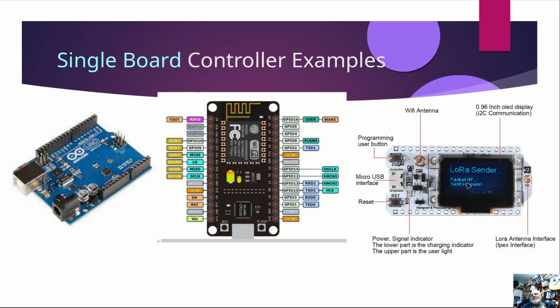They also have an advanced model of that. This one here is what they call the ESP32. So it's got a much more powerful processor. And this particular one actually has a built-in LED screen and also a long-range LoRa wireless connection. This LoRa connection is supposed to allow you to send data up to like a kilometer away if you have proper antennas.